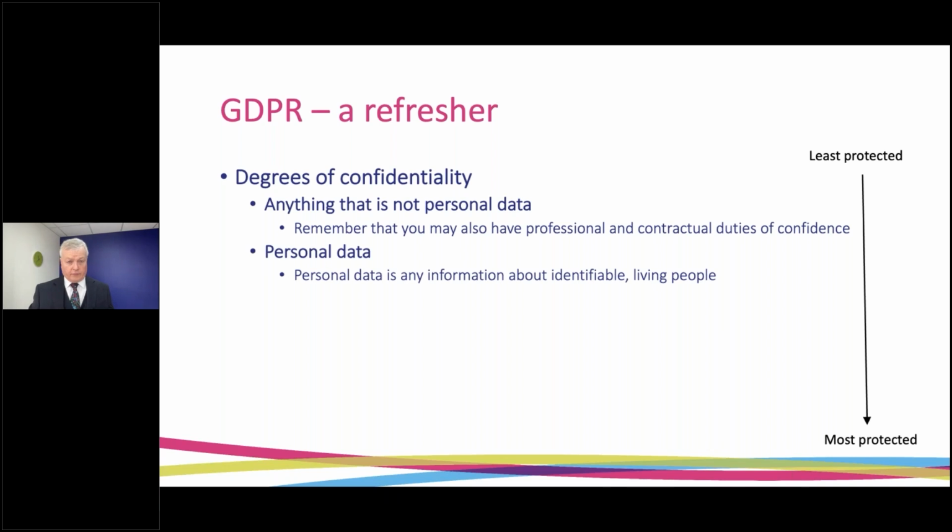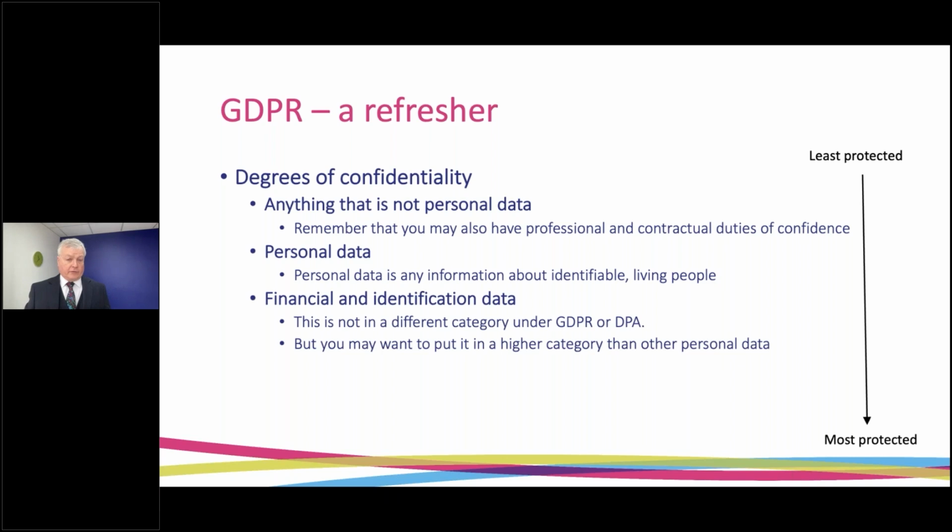Next layer of protection is for personal data. This is the standard GDPR protection, and any information about an identifiable living human being is personal data, and that is protected by GDPR. Next category I've got is financial and identification data.